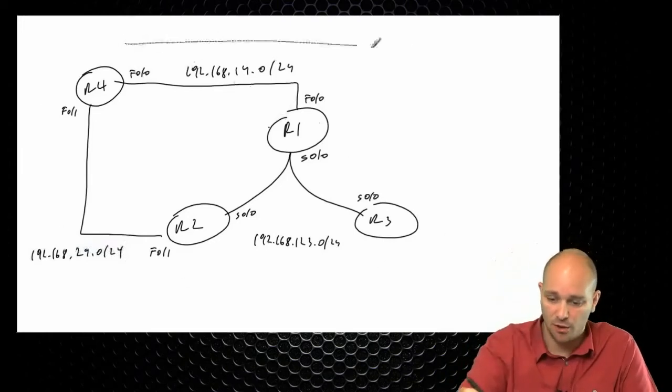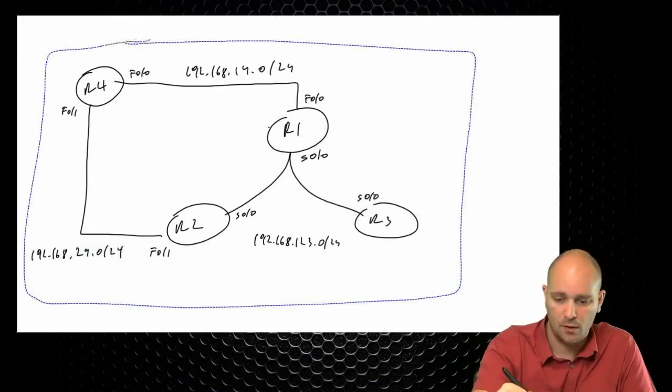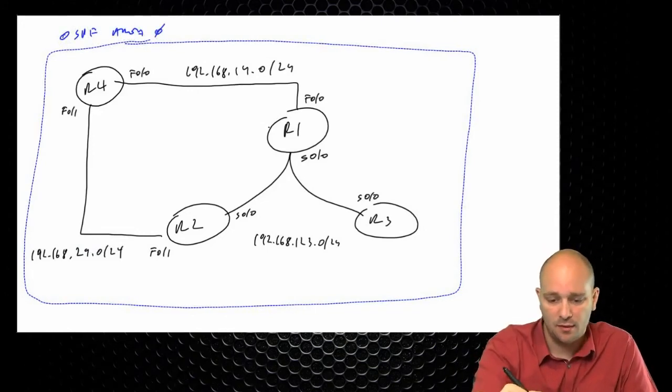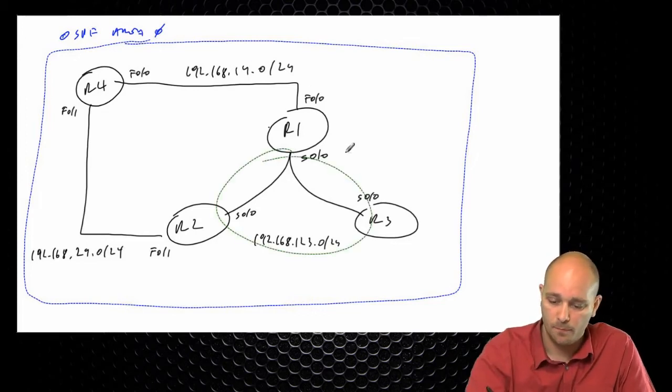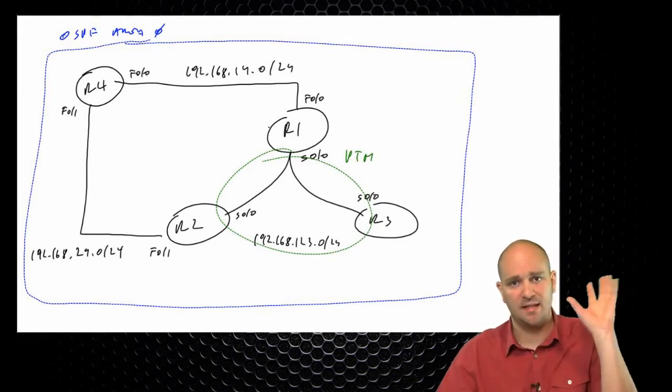So let's say that this here is OSPF area 0. And here the requirement is to run point-to-multipoint. Okay, you have configured this, and this is all fine.